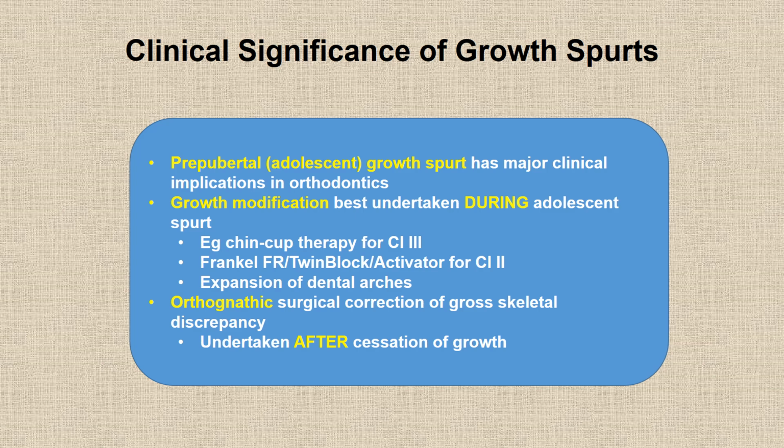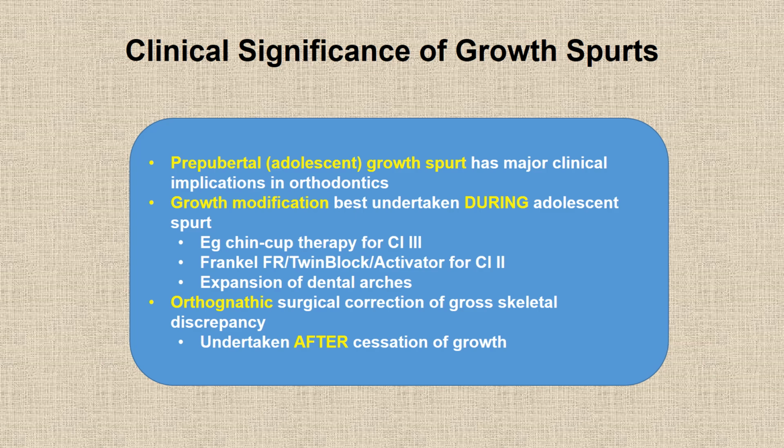Now, what is the clinical significance of growth spurts? Okay, the prepubertal growth spurt has major clinical implications in orthodontics. Growth modification procedures are best undertaken during the adolescent growth spurt.